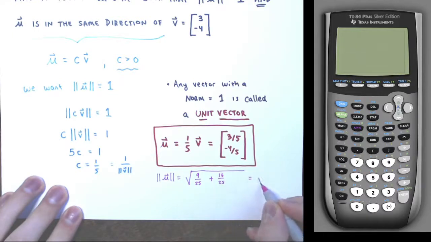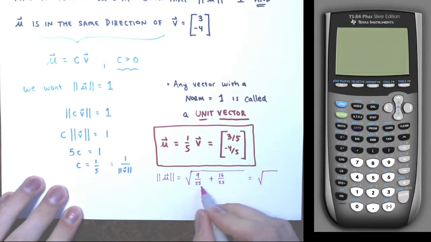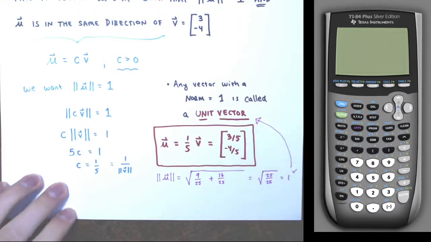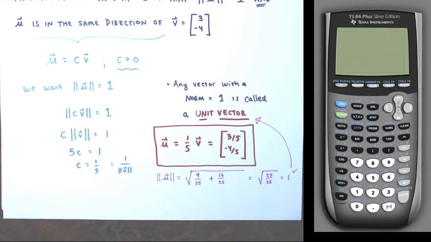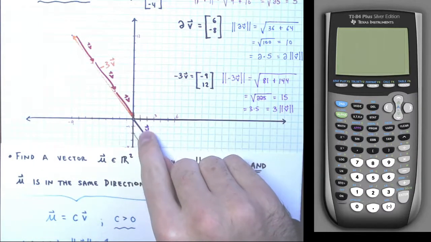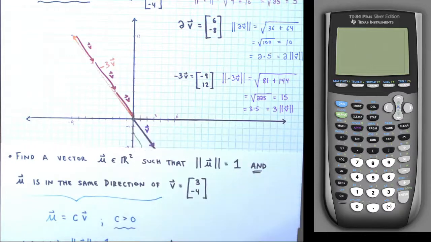So I'm getting the square root of two fractions with the same denominator, so just add the numerators. 9 plus 16 is 25. That's 25/25, which is 1. The square root of 1 is 1. So this vector with components 3/5, -4/5 is a unit vector. And if I were to draw that, it would be pointing in the same direction as v, but only be 1 unit in length.